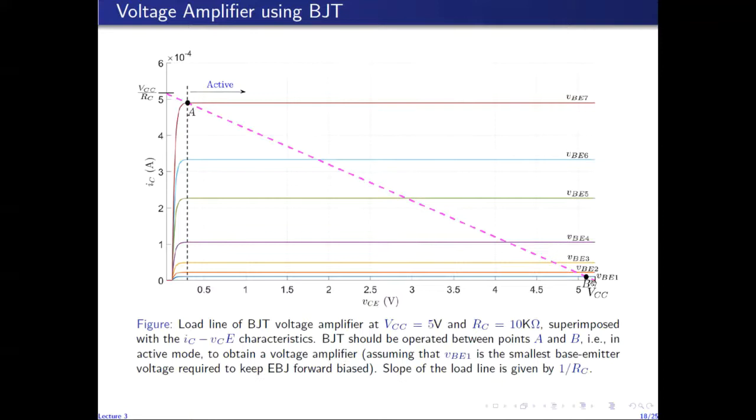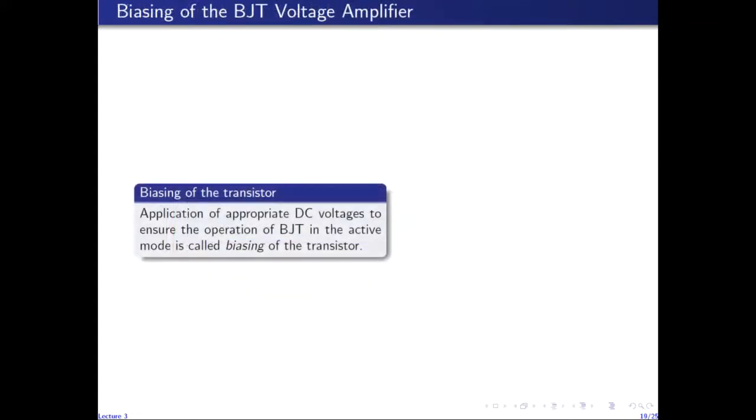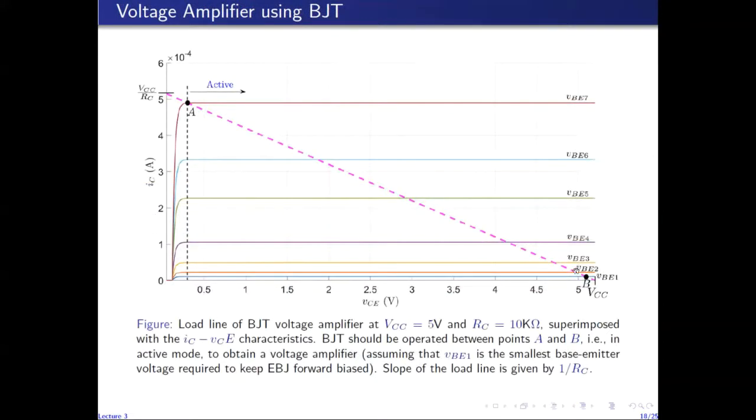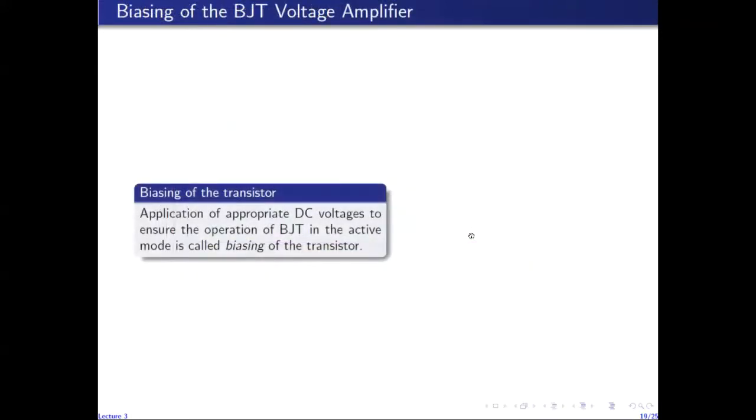So for a BJT to be used as an amplifier, the operating voltages must lie within the portion of the load line between points A and B. In order to ensure that the BJT operates in the active mode, or in other words, that the operating voltages lie between points A and B, we must apply appropriate DC voltages to the amplifier.